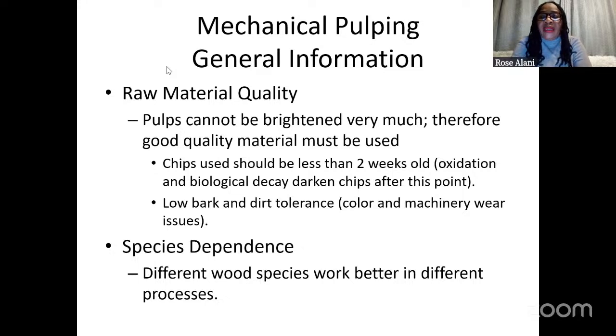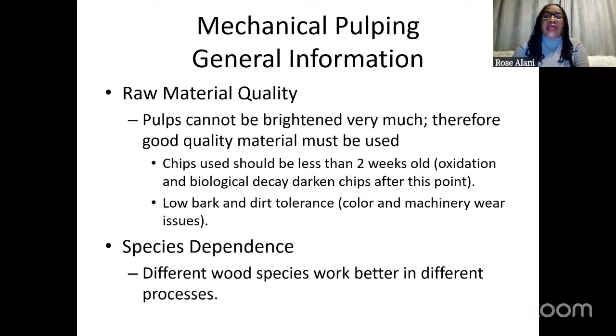Color and machinery. So this leads to color and machinery wear issues. So it should be low bark, as you must debark it well.